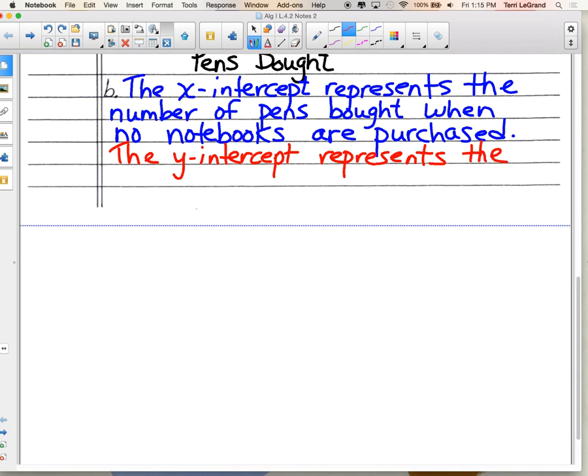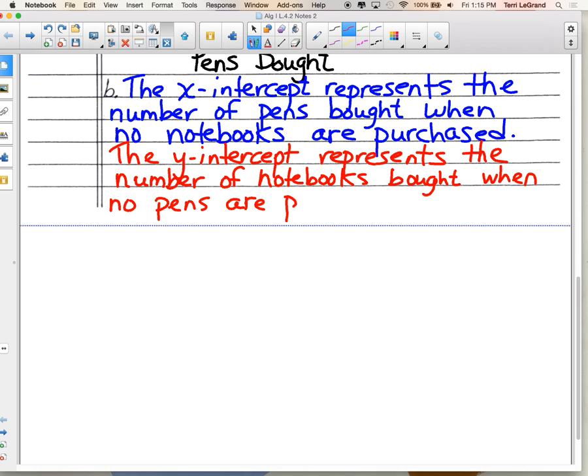The number of notebooks purchased or bought when no pens are purchased or bought, whichever way you want to say it.